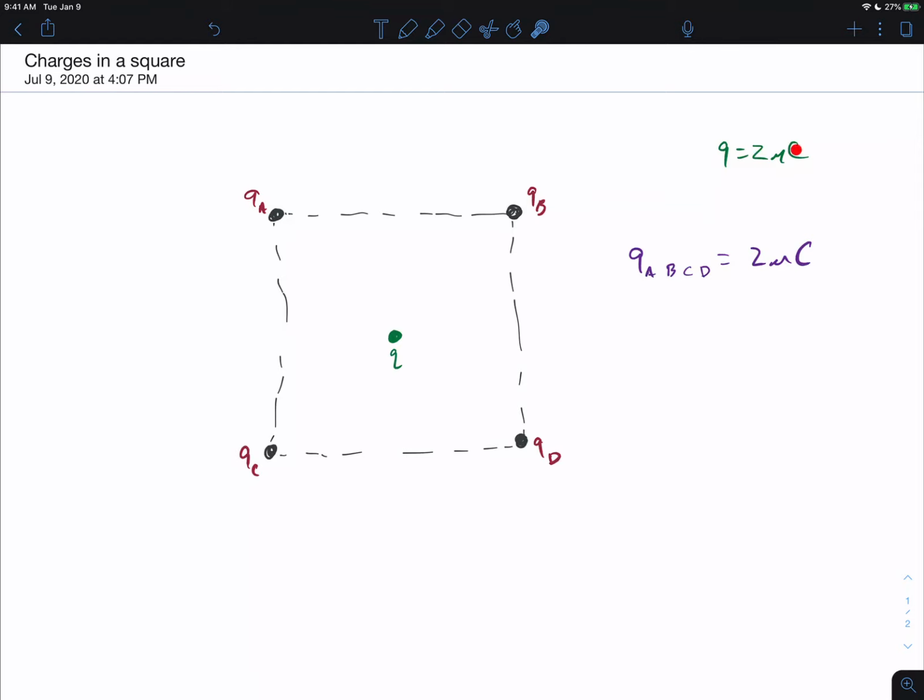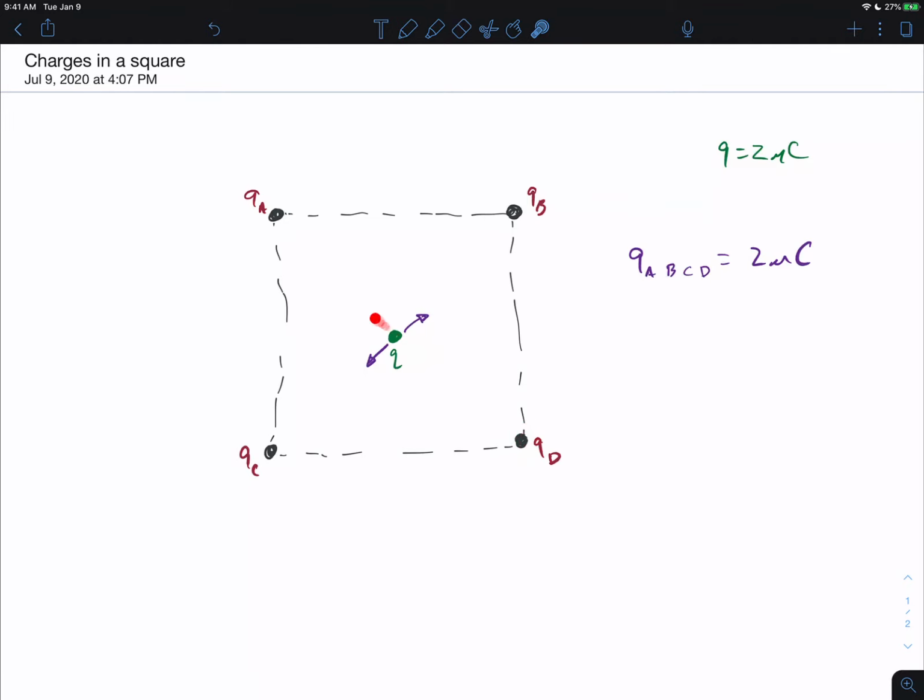Well, if my Q in the middle is also 2 microcoulombs, then this is positive and this is positive, so they repel each other, right? So from this angle here, it'll be pushed this way. But C is also pushing back, so it'll be pushed this way here.